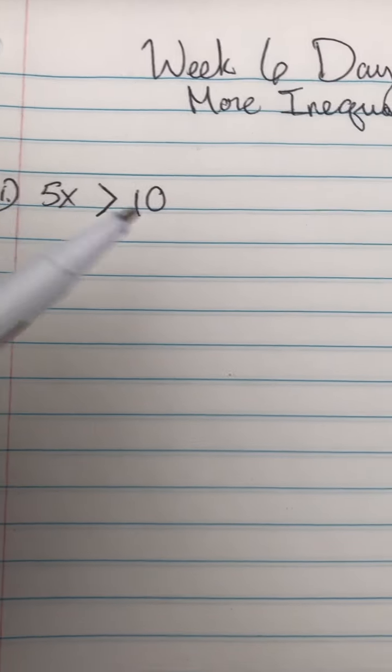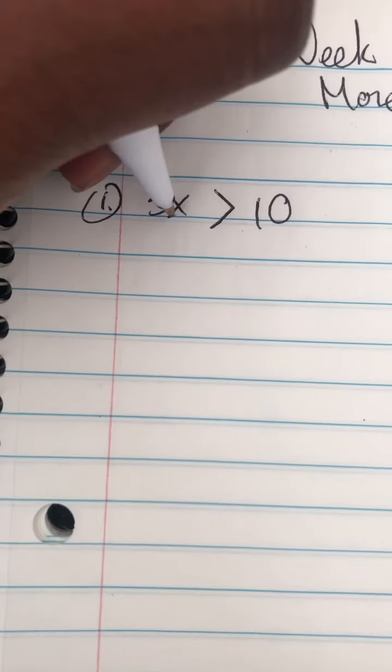Just like we did if they had the equal sign right there, we would do 5x, divide. We got to do the inverse operation on both sides of the symbol. And now we're left with x is greater than 10.